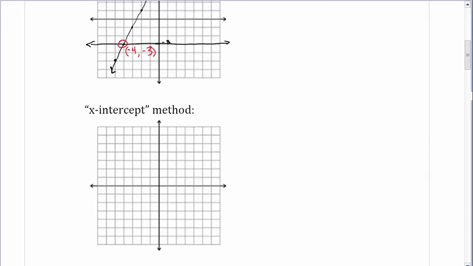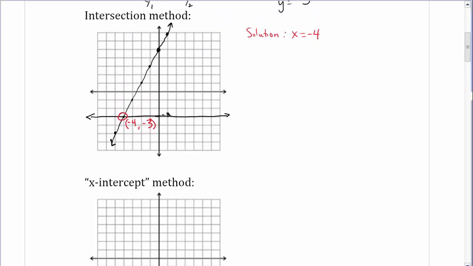The other thing people do is they often use an x-intercept method. What that means is you take the original equation we had, 2x plus 5 equals negative 3, and instead of creating two equations, you just create one, but first you make the equation equal 0.